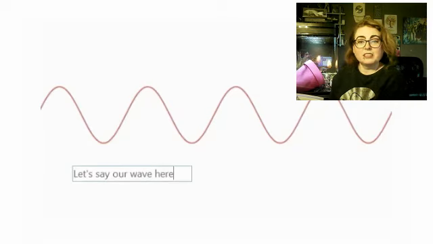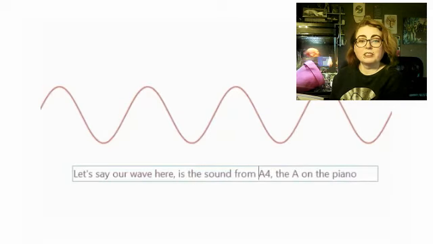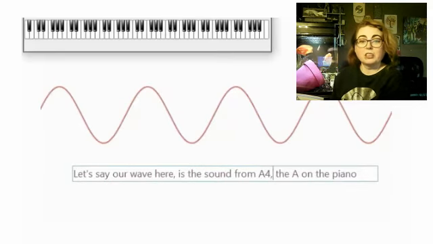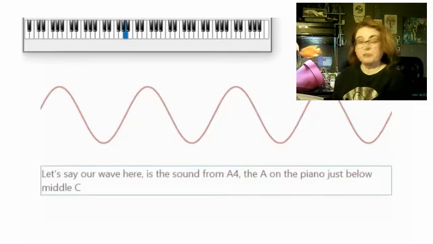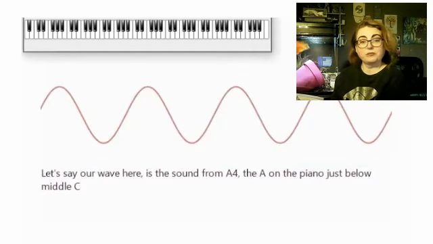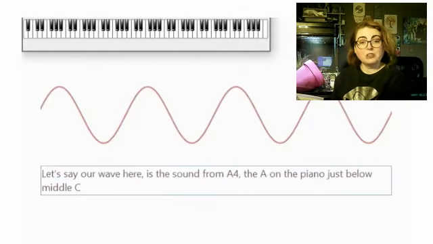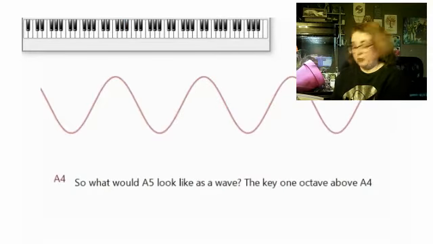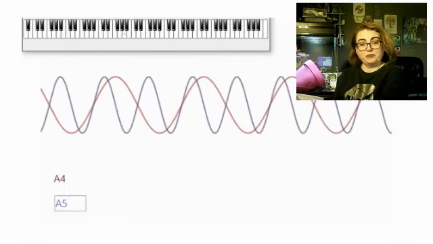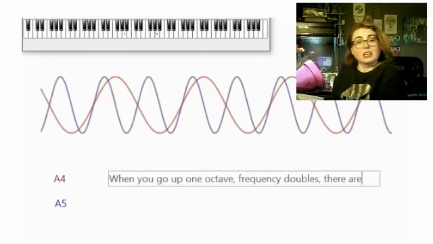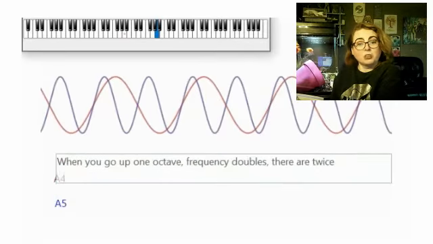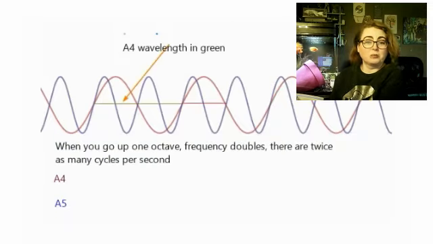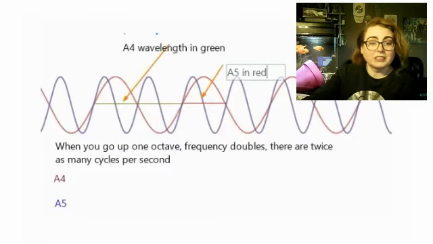So let's say our wave here is the sound from A4. That's the A on the piano, just below middle C. So what would the next A look like? The A5. You can see there's more squiggles, more humps, there are more cycles per second.